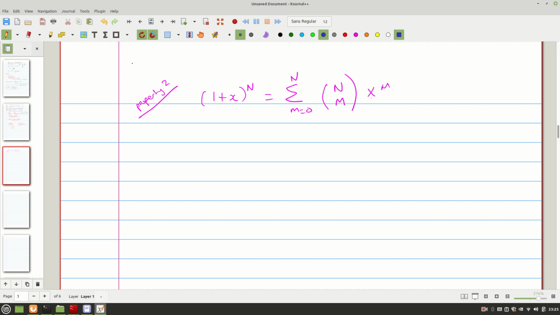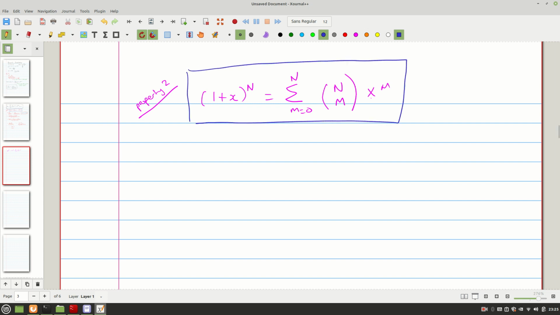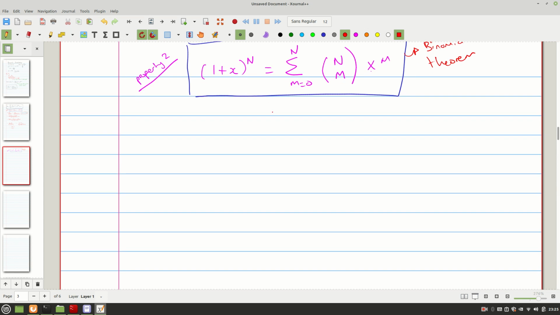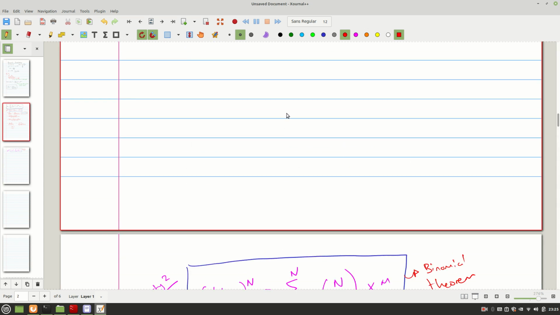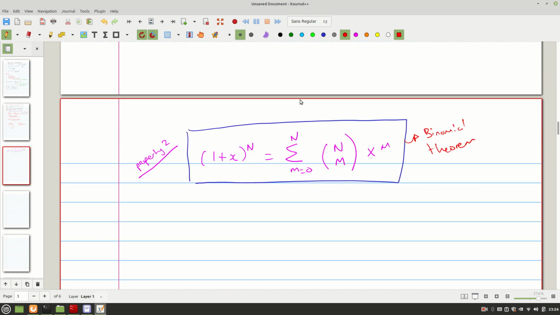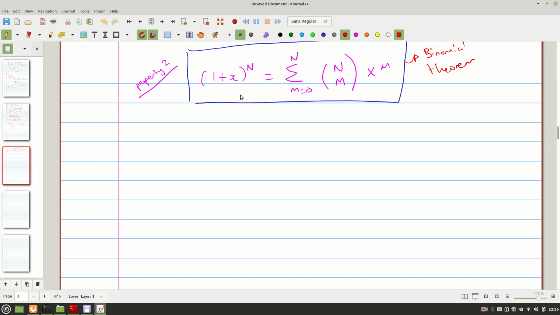So this is our second property that we're trying to prove. And by the way, this is called the Binomial Theorem, right? This is the second property we're trying to prove, because again, the reason we're doing this is so that they can aid us in this proof. So this is what we are trying to prove, this summation over here. So let's move on to the second property.